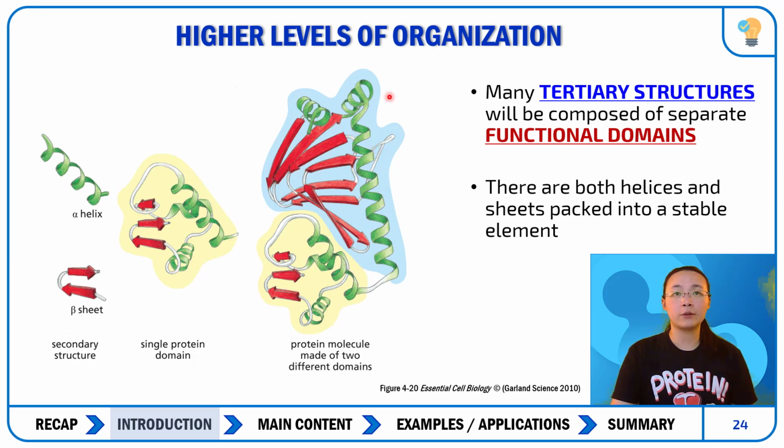So in different colors here, there's one functional domain and another functional domain that has different functions and uses throughout the body, for example. In terms of these functional domains, they can be a combination of different alpha helices, different beta sheets, or both.